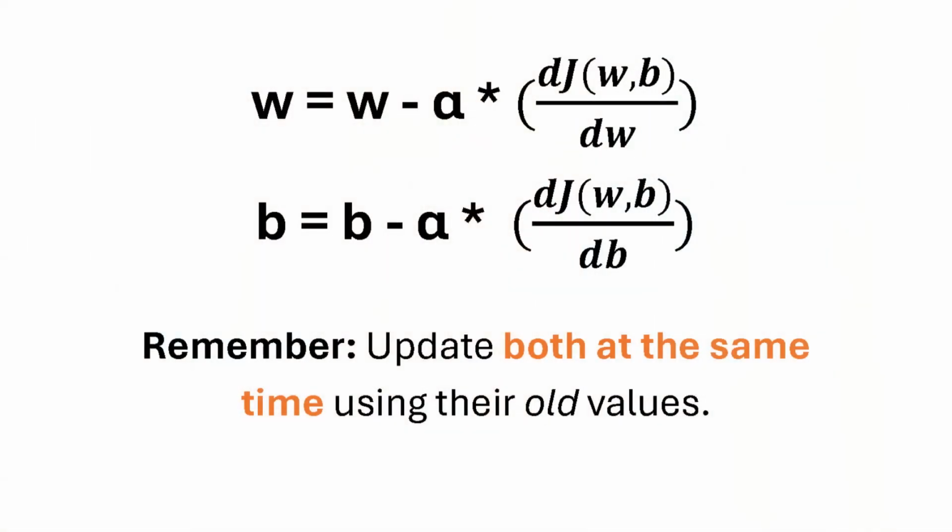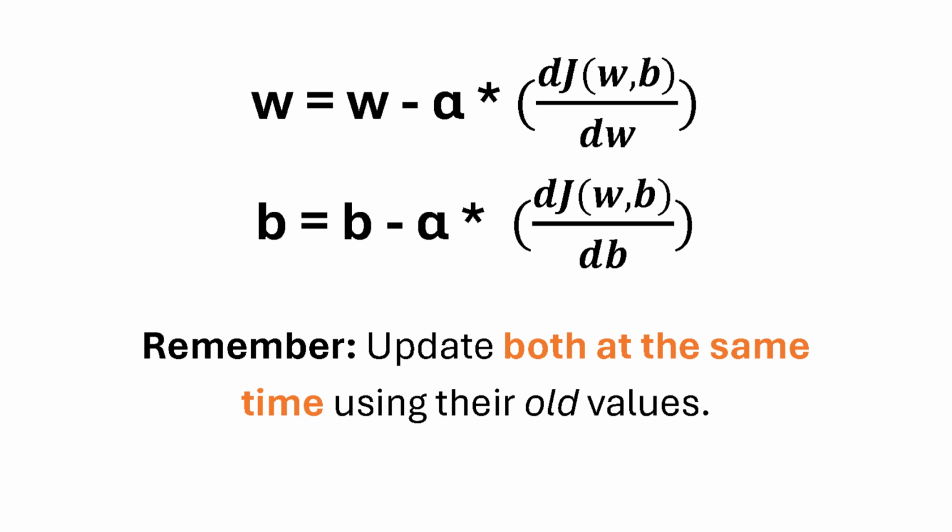Our model usually has at least two knobs to turn, W and B. Gradient descent updates both like this. The important rule to follow here is to update both at the same time using their old values. This is called a simultaneous update. Why do we do this?